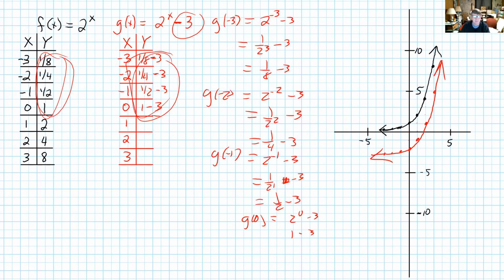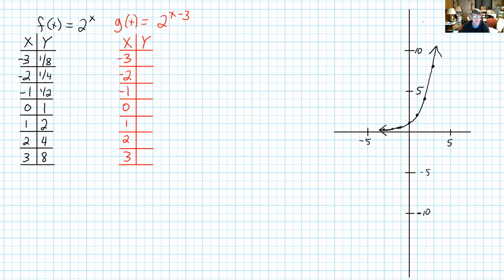Okay. What do you think is going to happen here? Oh. Well, that minus 3 is part of the exponent, so it's like that whole thing there. Think back to the parabolas. A constant outside, a plus moved it up, a minus moved it down.